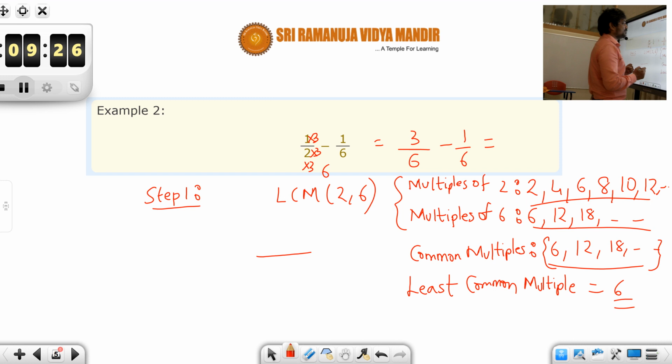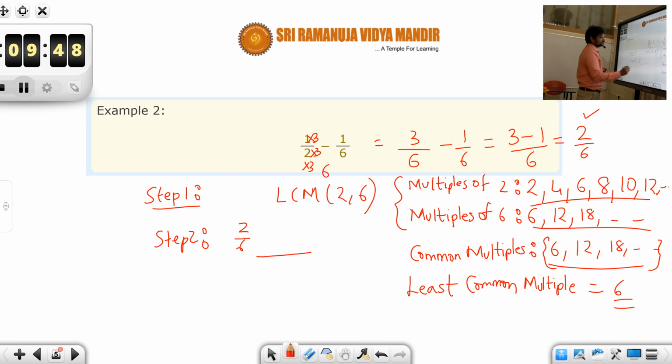So this would be equal to simply the difference of the numerators. What is 3 minus 1? 3 minus 1 is 2 upon 6. So hence we are done with step 2 as well. What next? What is our step 3? Step 2 gave us 2 by 6.